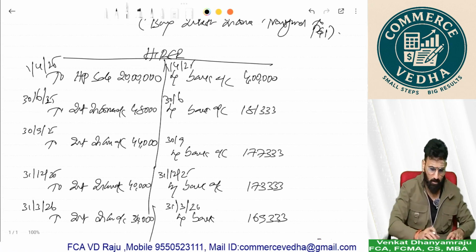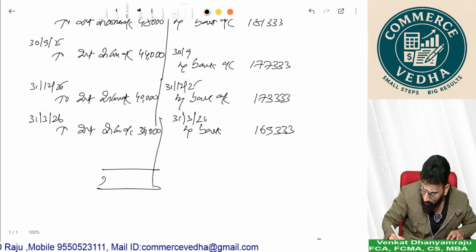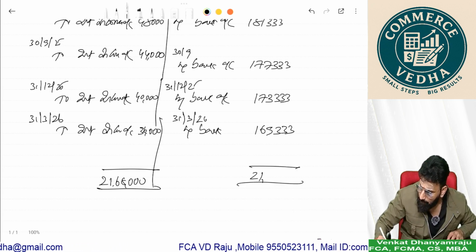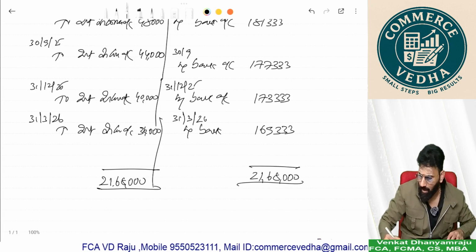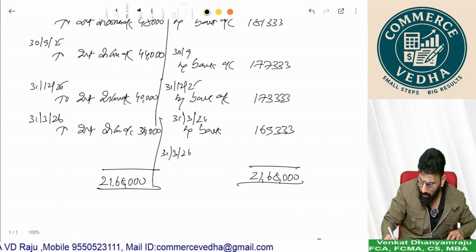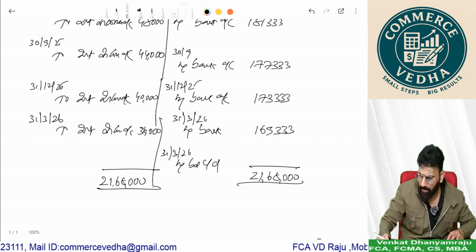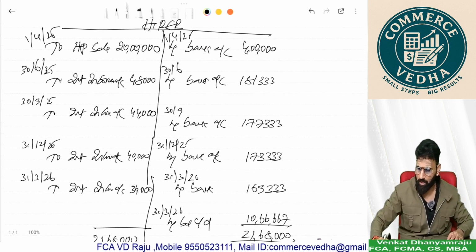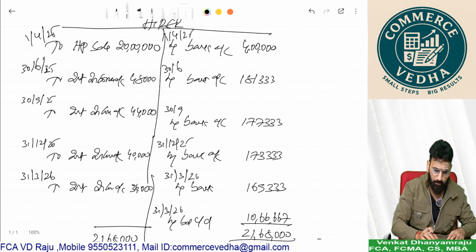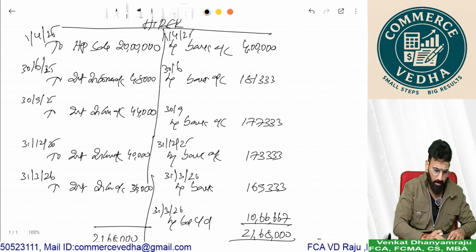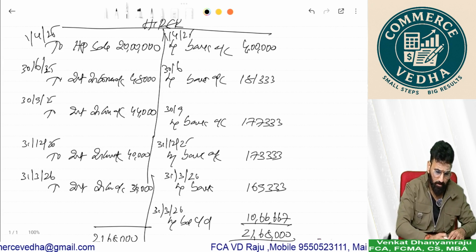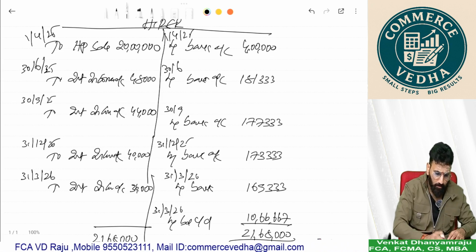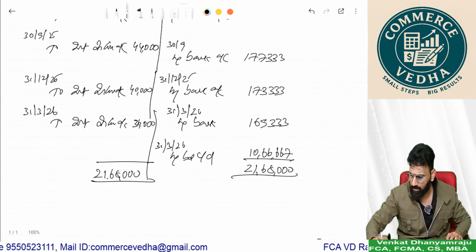What we can do here is total it. Your total is 21,68,000, same. And same date, by balance carried down is 10,66,667. Check it out: 2168 minus 4 lakhs minus 181,333 minus 177,333 minus 173,333 minus 169,333 is 10,66,668.